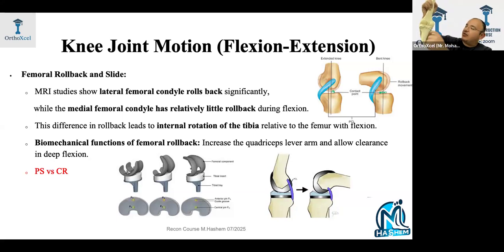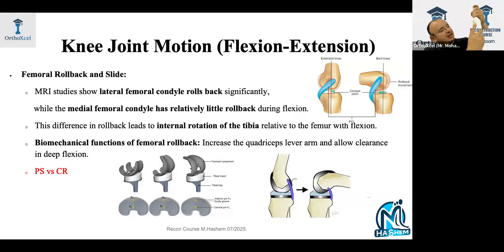If I put the knee like that, you see that the medial femoral condyle is touching the medial plateau while the lateral femoral condyle is off the lateral tibial plateau. When you start to bend, this pivot point is fixed, while this is more mobile. When we speak about the point of contact between the tibia and the femur, the medial femoral condyle is the pivot point.